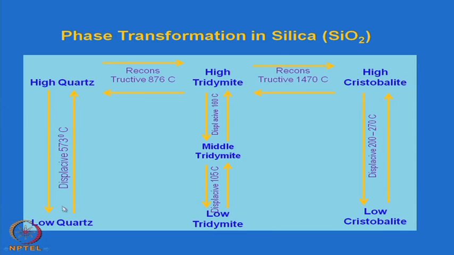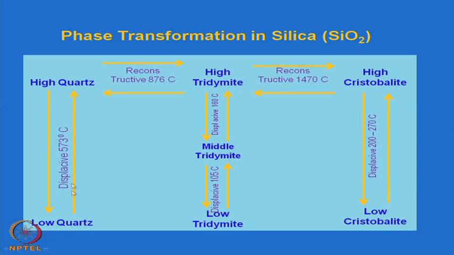So, you have low quartz, sometimes called alpha quartz, and if you heat above 573 degree centigrade, which is a very specific temperature, above this you have a high quartz, or sometimes referred to as beta quartz.